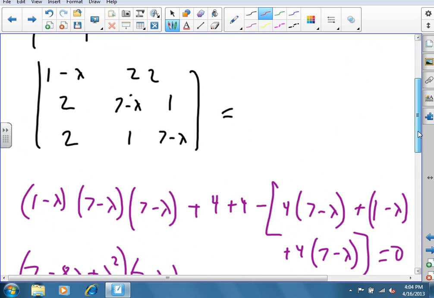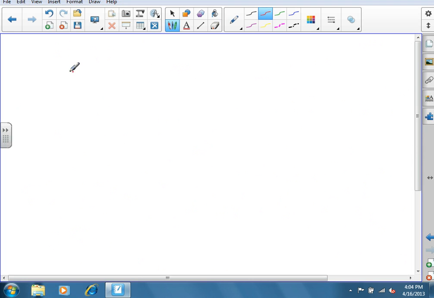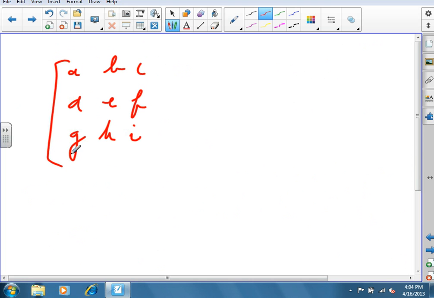How do you do your two determinants? Okay. Now you ask. A, B, C, D, E, F, G, H, I. Okay, and I want to take the determinant of that.